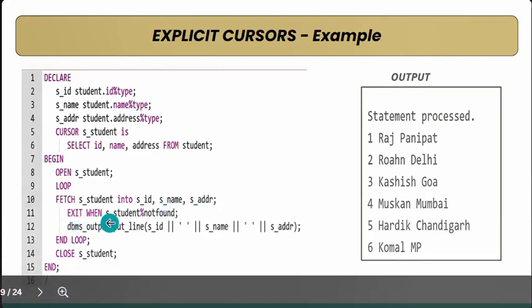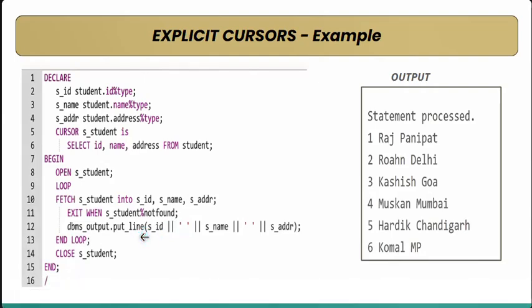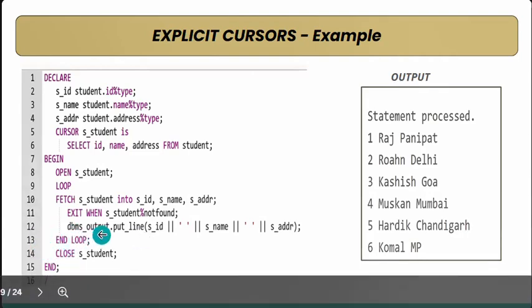EXIT WHEN s_student%NOTFOUND. So we are using s_id, s_name and s_address as the temporary variables which will hold the data fetched from the cursor. It will return only one row at a time.